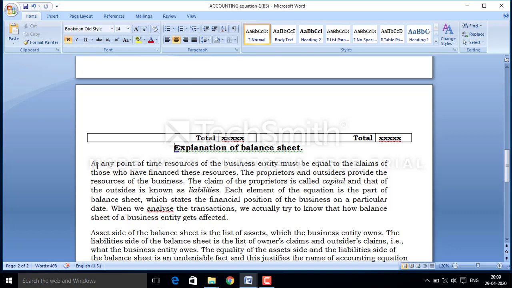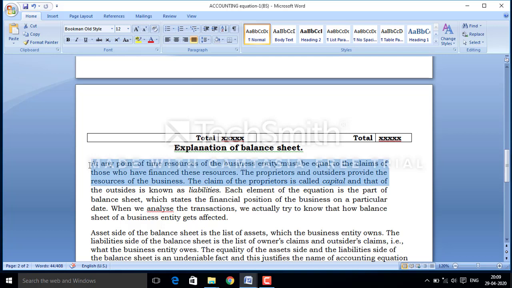Now, as we have already discussed, here is the explanation of the balance sheet. As I have explained the term orally, now it is given in writing, that at any point of time the resources of a business entity must be equal to the claims of those who have financed these resources. The proprietor and outsiders provide the resources of the business.